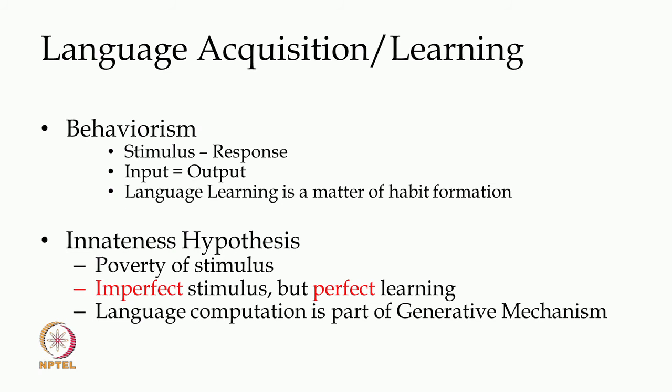Two terms are behaviorism and mentalism. Behaviorism is a much bigger part where language is one of the components, and it was argued that language is human behavior, and the way we learn a language is on the basis of a stimulus and response. There is some sort of a stimulus and then we have a response to the stimulus, and the practice between the two gives us language.